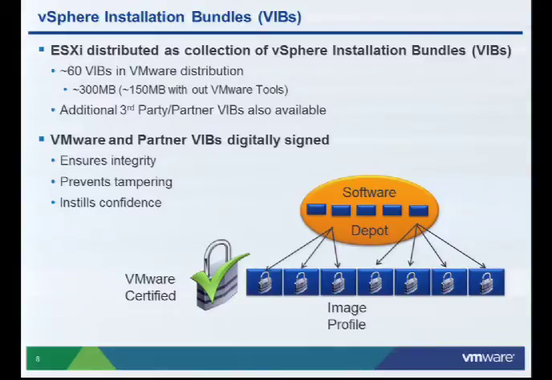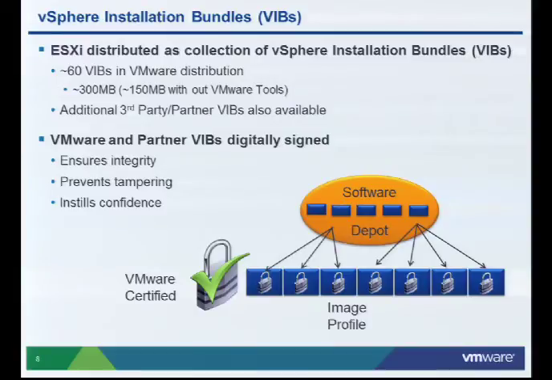Instead of having about 9 VIBs, with a couple of them being big consolidations of all the different drivers, we broke each driver out into its own VIB. That makes it very easy to do updates, because if you have an update to a NIC driver, you can just update that one driver without having to worry about the other drivers that might be packaged with it. So there are about 60 VIBs.